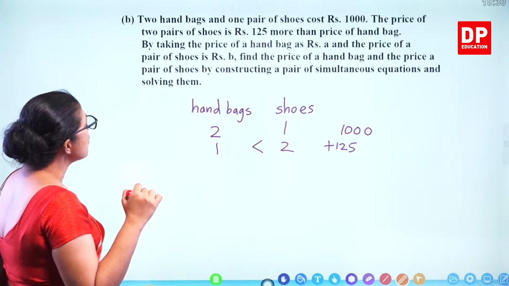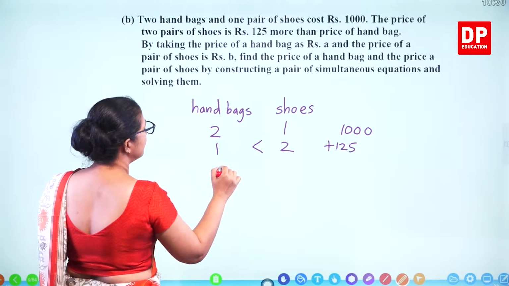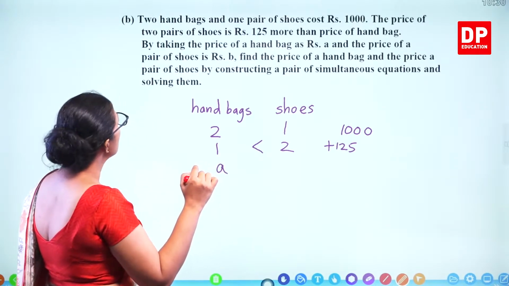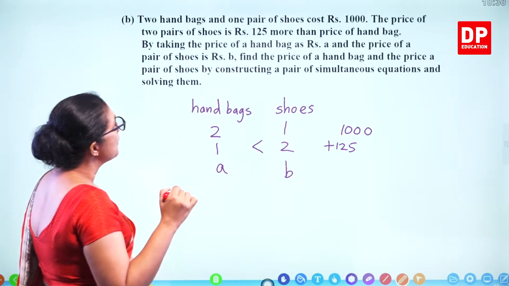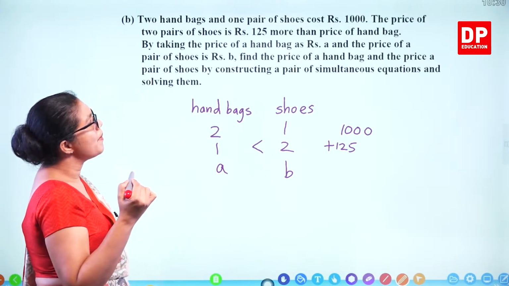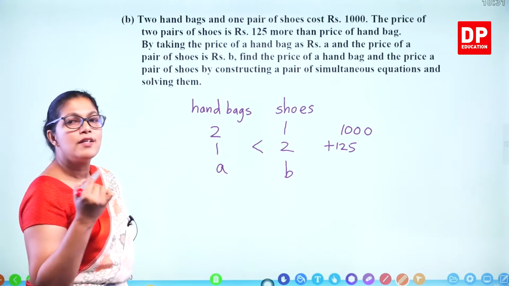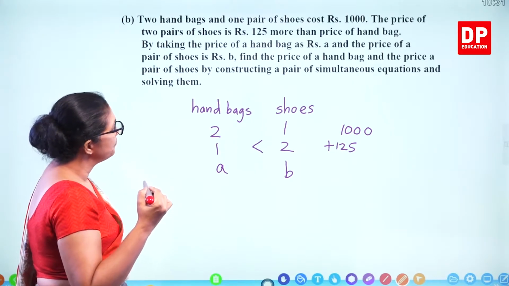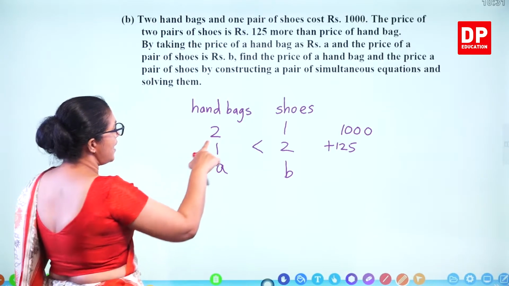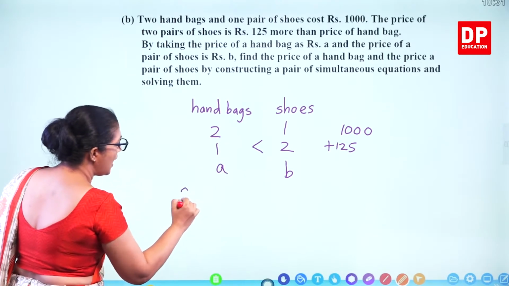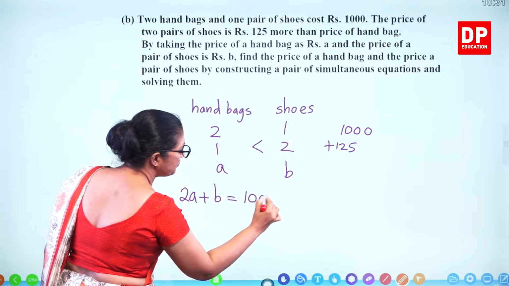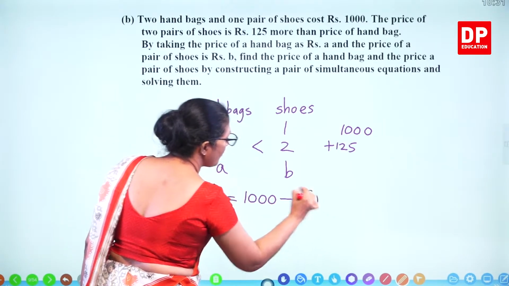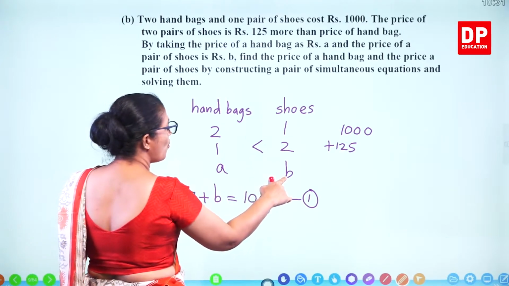By taking the price of handbag is a, the price of pair of shoes is b, construct a pair of simultaneous equations and solve them. So we can write first equation 2a plus b equals 1000. And this is more, second one.